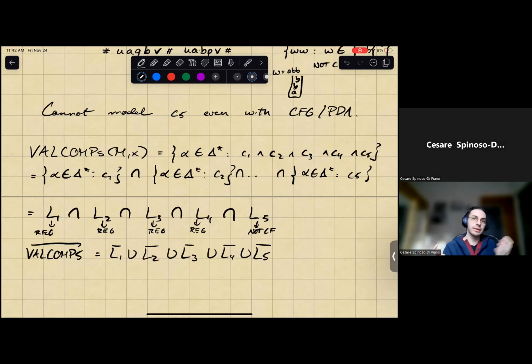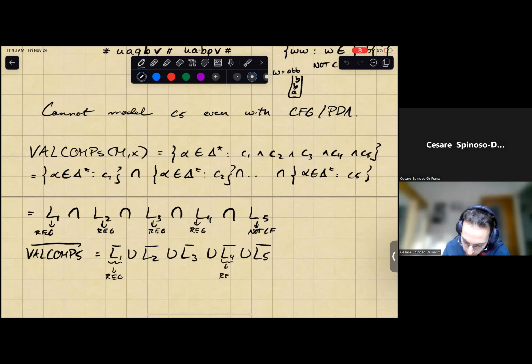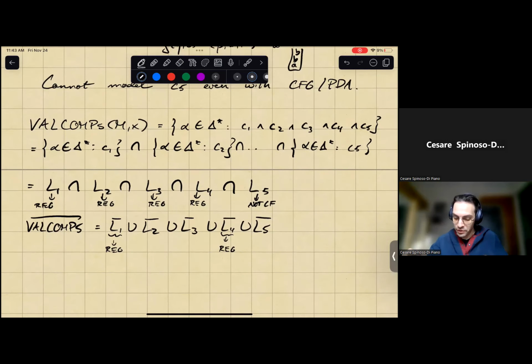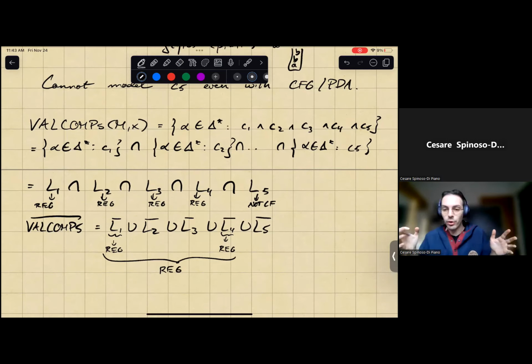Remember, we showed this many lectures ago: just flip the accept and non-accept states in the DFA. So L1 complement through L4 complement are regular. Now we're taking the union of regular languages, and as long as it's a finite number of languages, the union is regular. If we deal with infinite unions, that's no longer true.